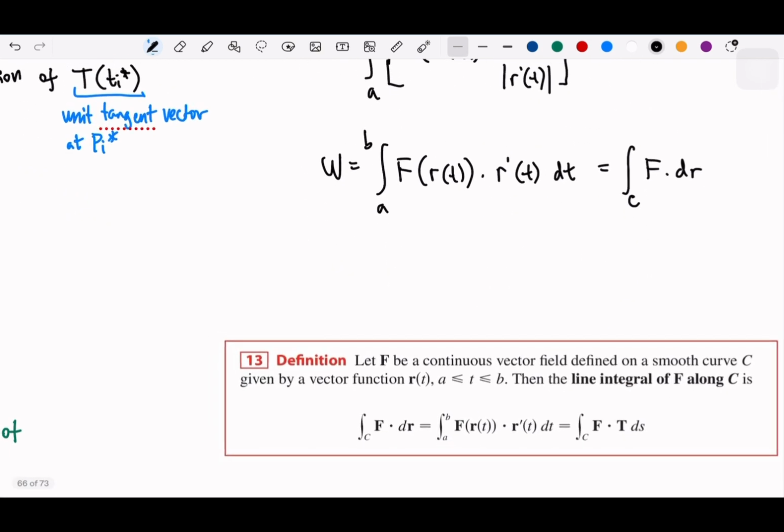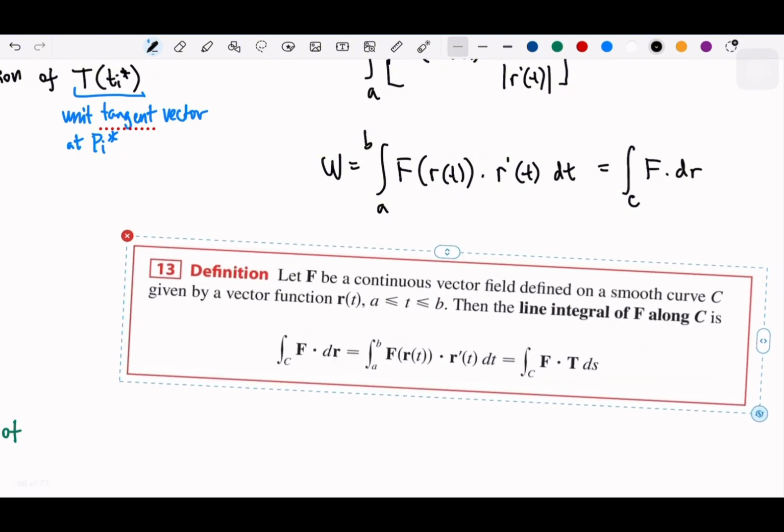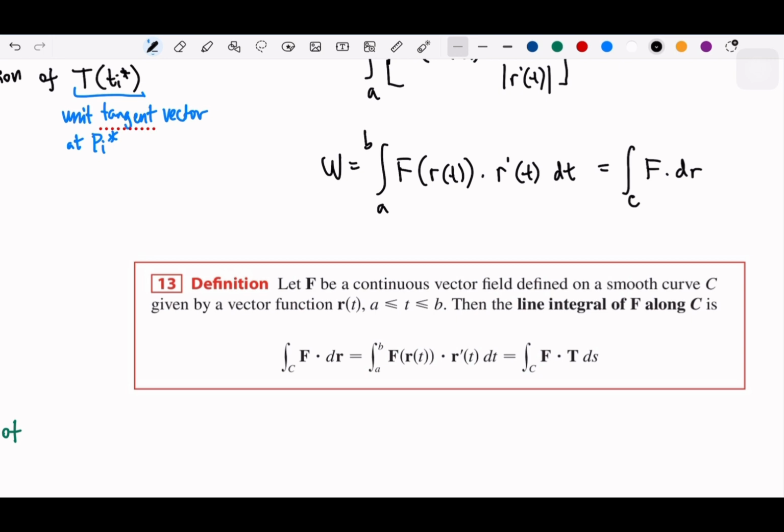So the definition for this work: if you have f, which is a vector field continuous and defined on a smooth curve C, and you have a vector function r of t, where t is from a to b, then the line integral of f along C is equal to the line integral of f dot dr. And f dot dr is basically the same thing as f dot the unit tangent vector ds.